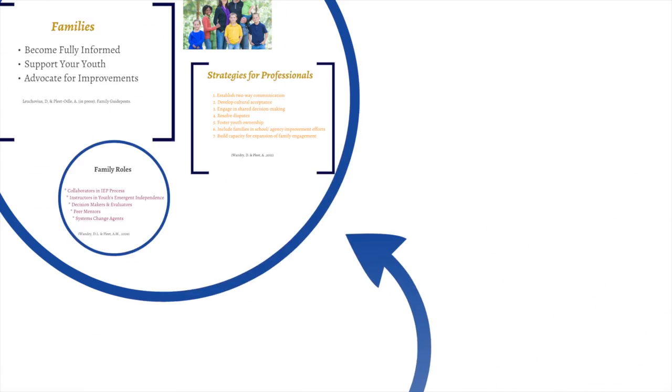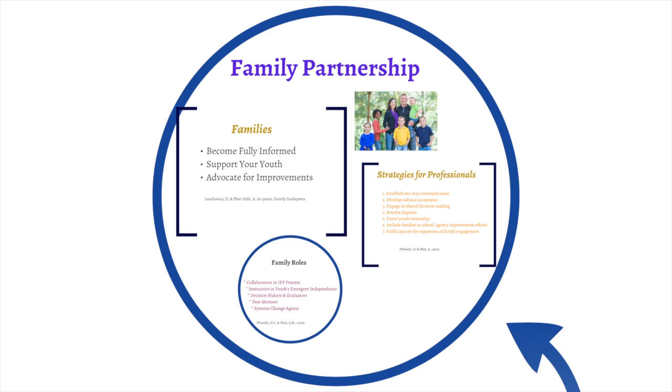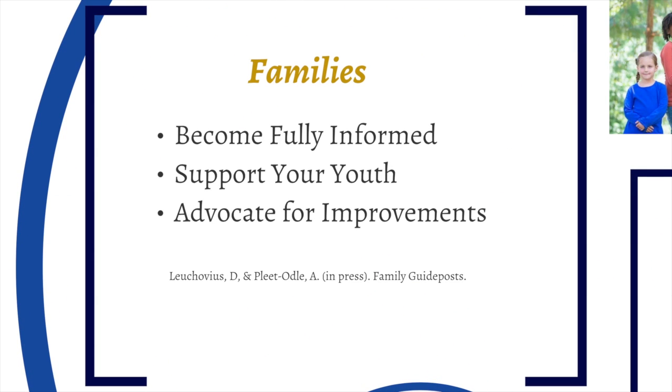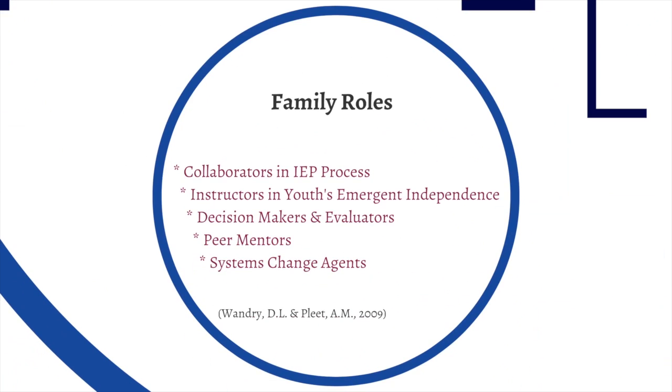And the final component of inclusion is family partnerships. The family guideposts that is just being published at this time focuses on 3 roles for families: become fully informed, support your youth, and advocate for improvements. Family roles in the special education world include collaborating in the IEP process, being instructors in the youth's emergent independence.